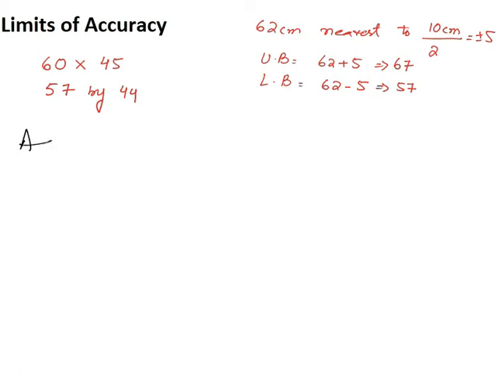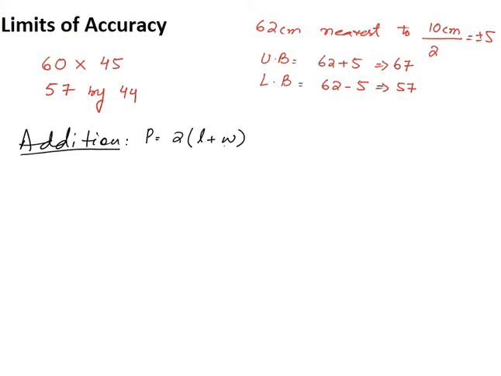For example, the condition of addition. For this we can take the example of the perimeter. The formula of the perimeter of a rectangle is 2 times length plus width. So here length and width will be added.